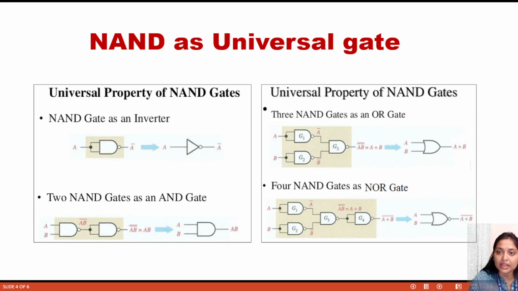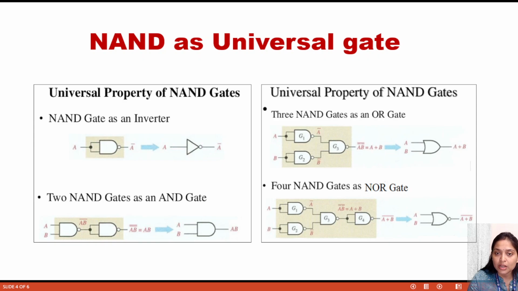Now coming to the next part, we have to design the OR gate by using NAND gates. How? Here, this is NAND gate number 3, and both the inputs are A bar and B bar. We cannot give A bar and B bar directly, so we pass A through a NOT gate represented as a NAND gate.